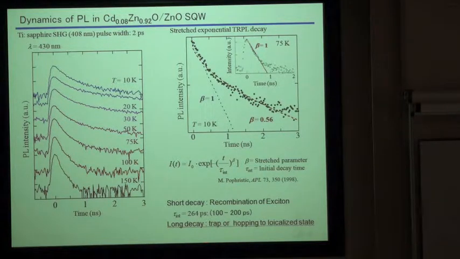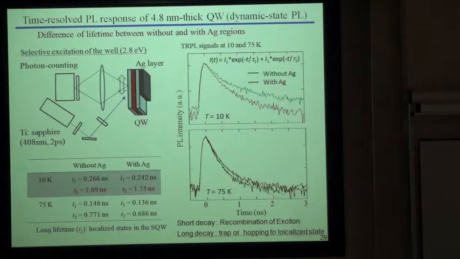The important one is this one, and we fabricated the silver dotted patterns on these single quantum wells and looked at the temperature dependence of such dynamic luminescence phenomena. At relatively high temperatures, there is no difference between with and without the silver topmost layers.